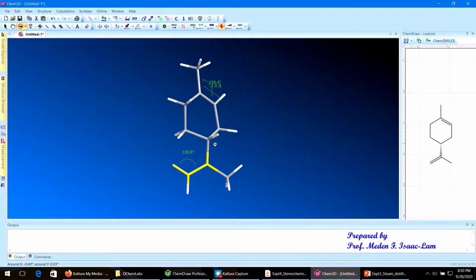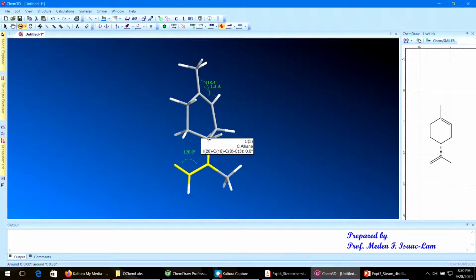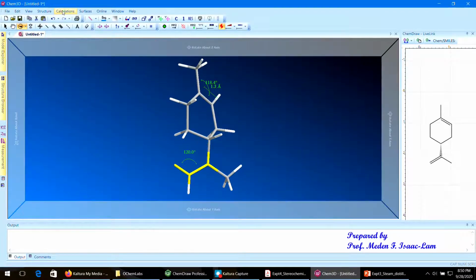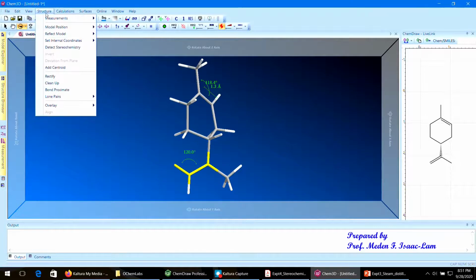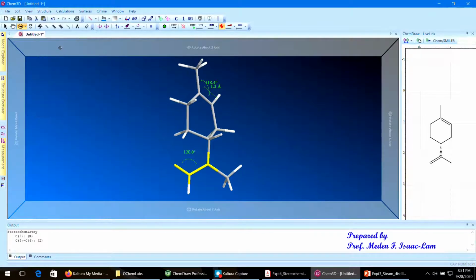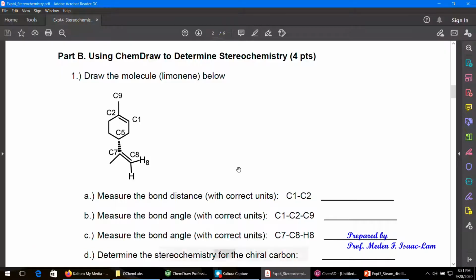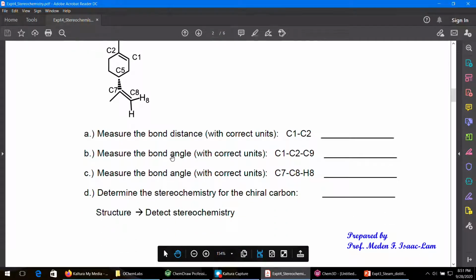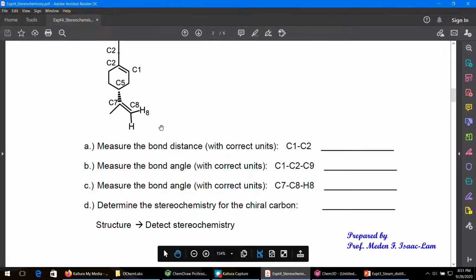Now I want to determine the stereochemistry of this carbon over here. How do we do that? Structure, detect stereochemistry. Shown at the bottom, the stereochemistry for C3 is R. So we're done with this part here.